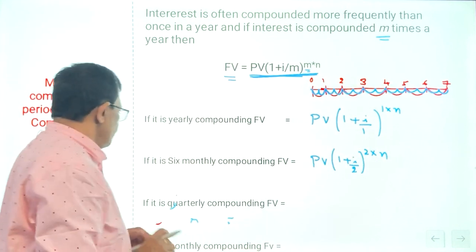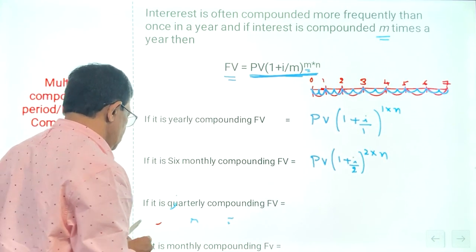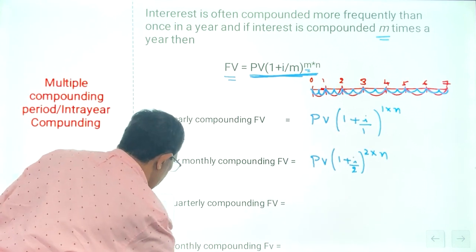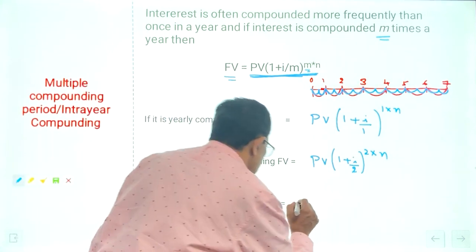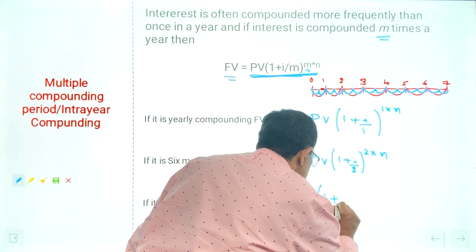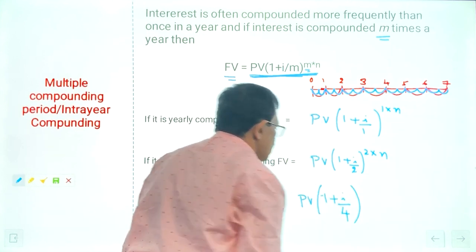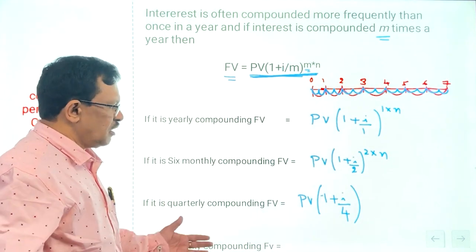When it is going to be compounded on a quarterly basis, then the formula would be present value into (1 + i/4), because in a year we are going to have 4 periods.